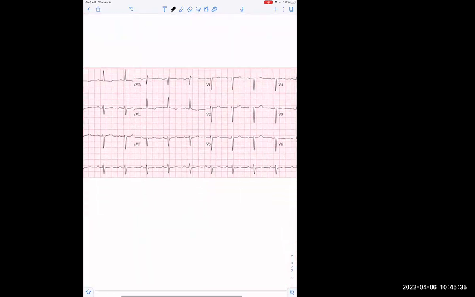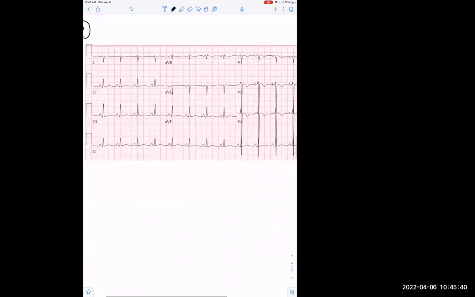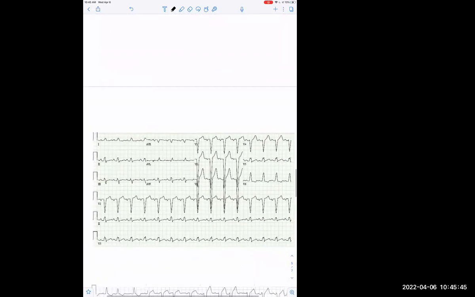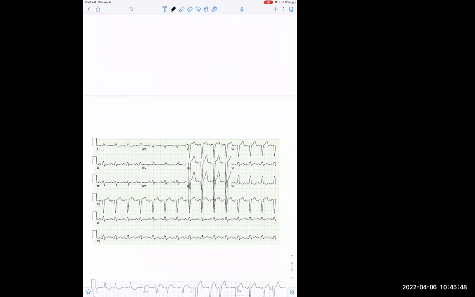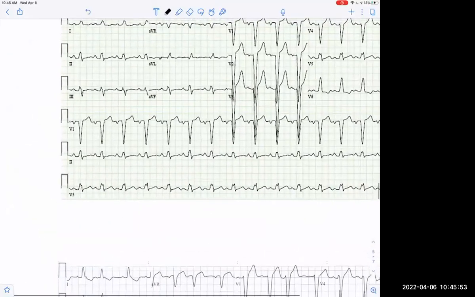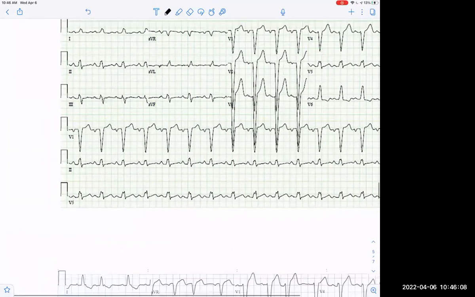Okay, so let's practice. Let's look at some practice strips. All right, in our first practice strip, utilizing our turn signal method, remember, we said we're going to go to V1, our J point, and find our first terminal wave.